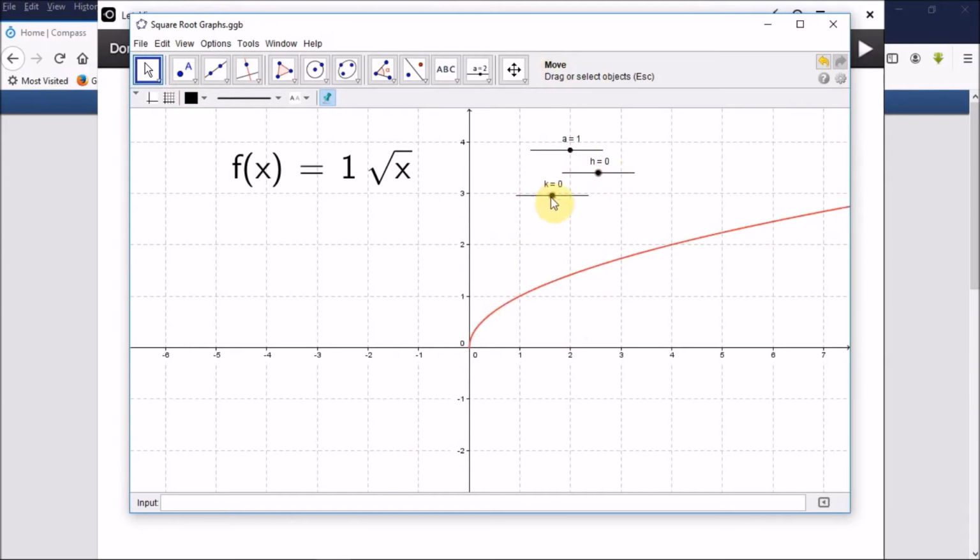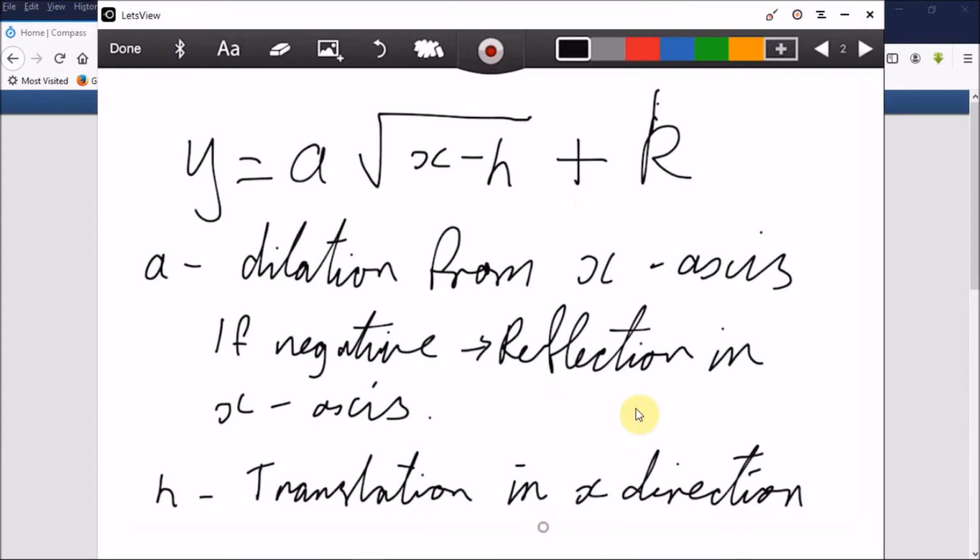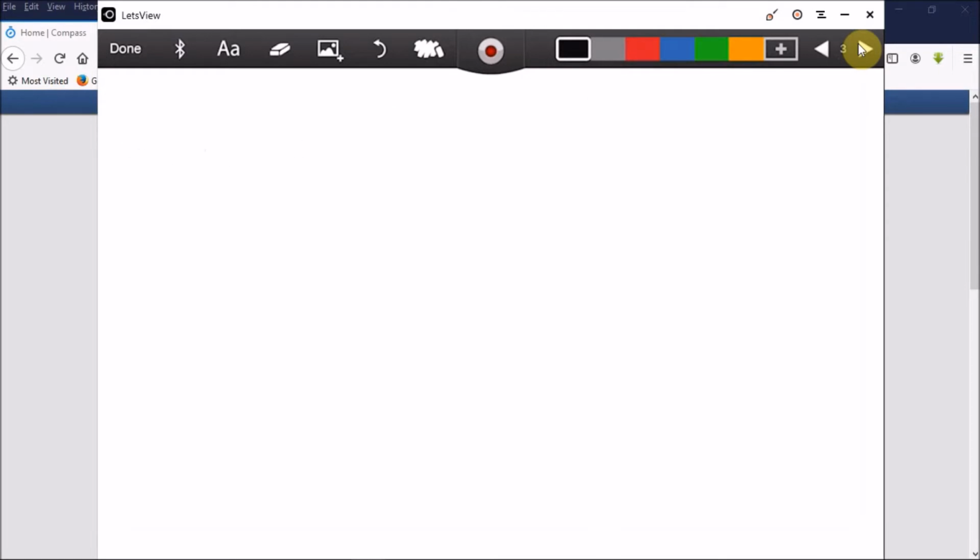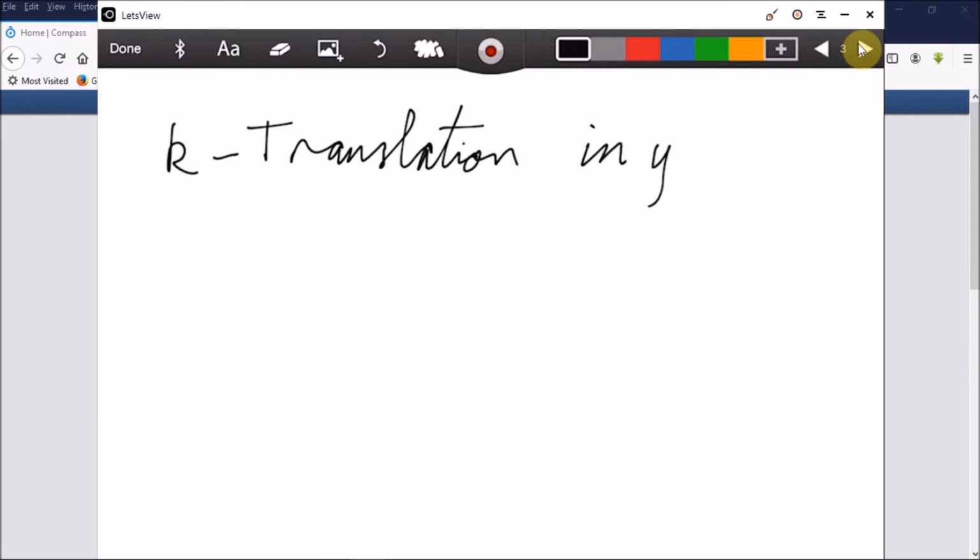And then the k on the end, plus 2 moves it up, minus 2 moves it down. All right, so our k, I won't squeeze it in there, I'll put it over into the next page. So the k is a translation in the y direction.